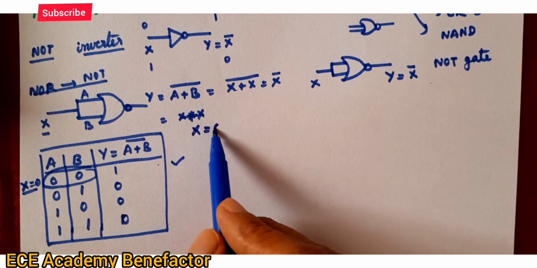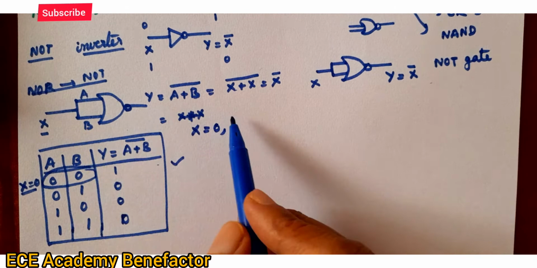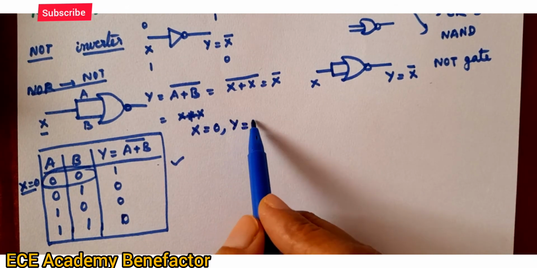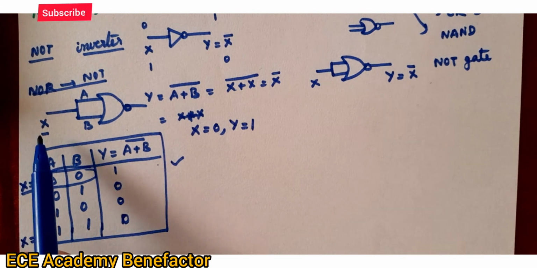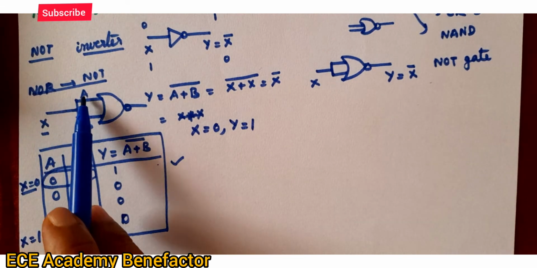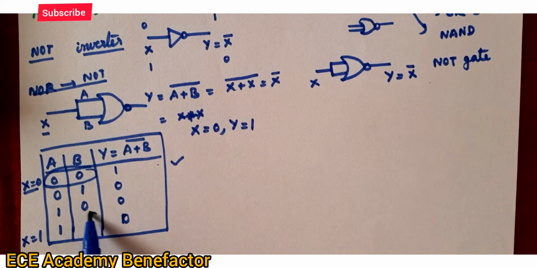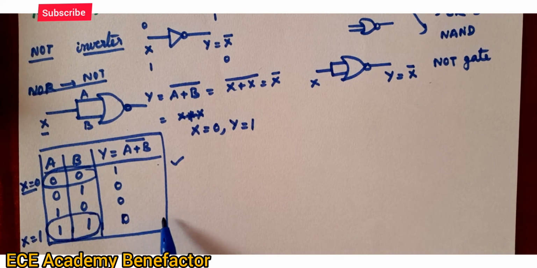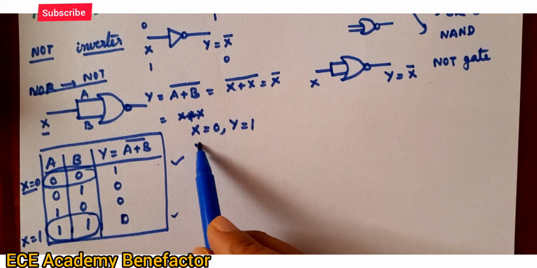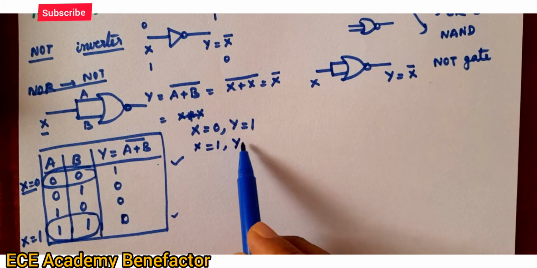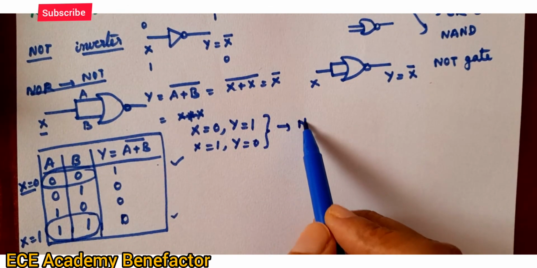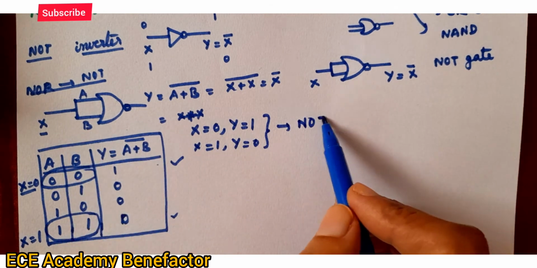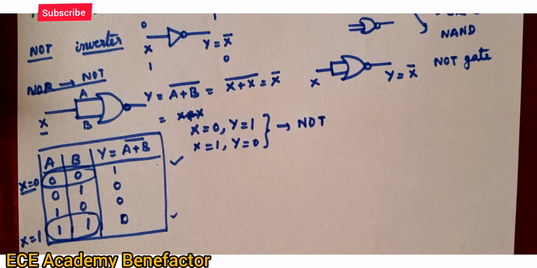When the input x is 1, you are giving input as 1, it is going to A and B as 1 1. So what is the output you are getting? 0. So when the input is 1, the output is coming as 0. So this proves that the NOR gate can be used as a NOT gate or a NOT gate function.